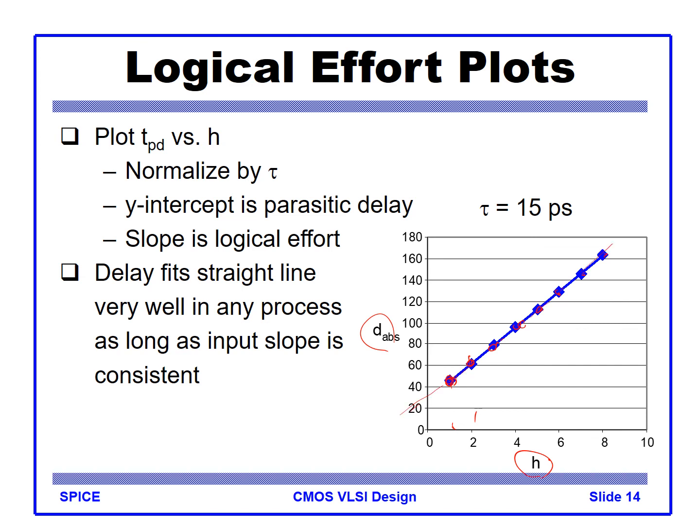We can see that the y-intercept point is the parasitic delay, P. The slope of this line is the logical effort, G. So the delay can be represented by d_abs equals G times H plus P, the linear approximation. Here d_abs is the absolute delay in picoseconds. Okay.